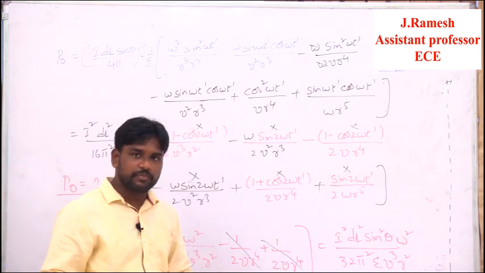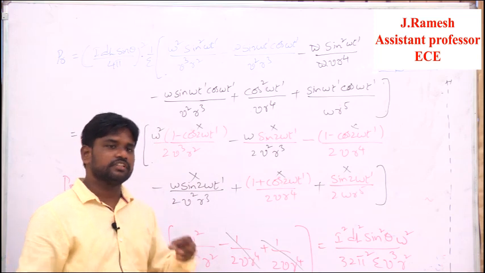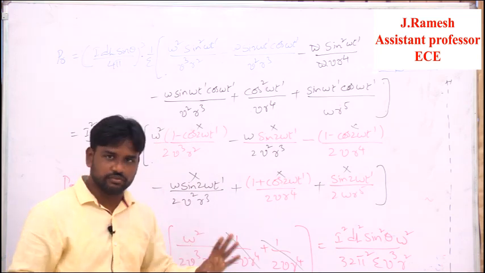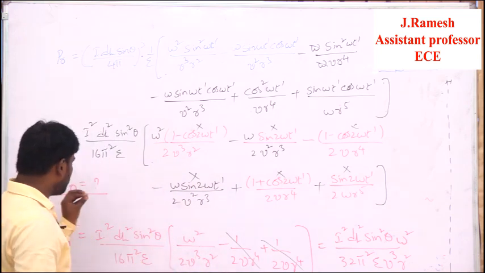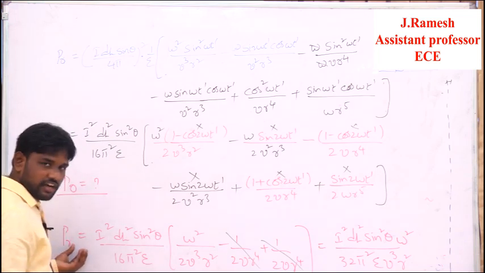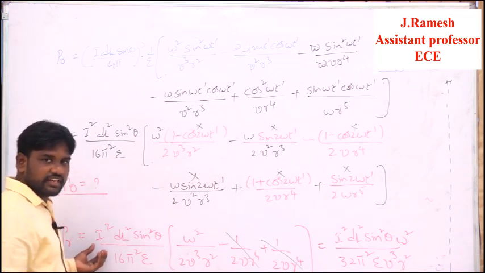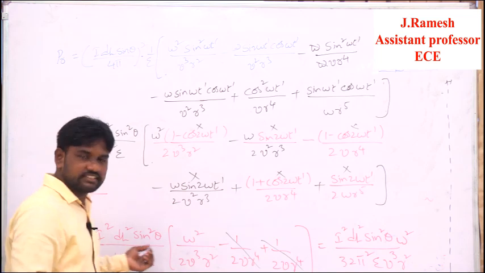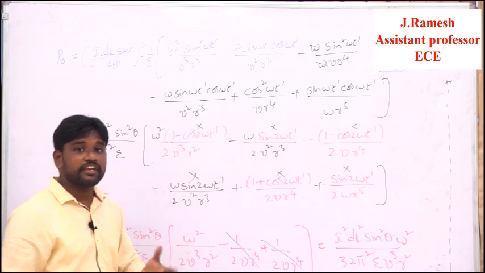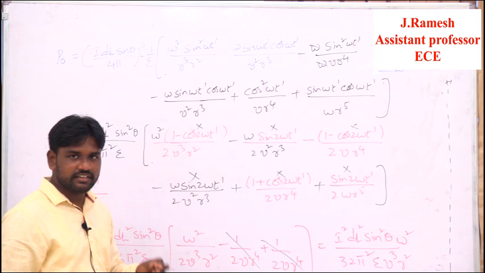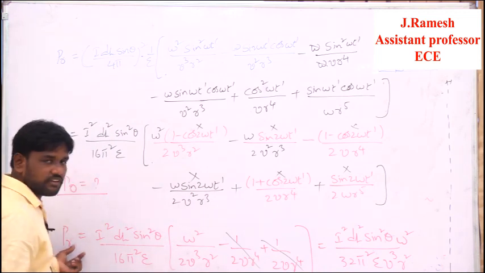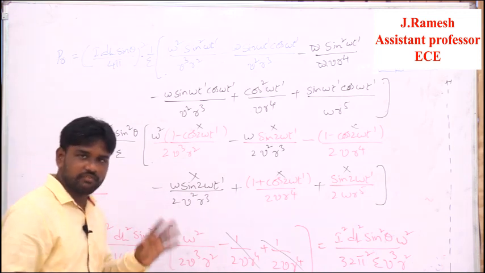So what will happen is, if you take the integration for all the terms, the entire power becomes 0. That means you have power only in the direction of r. So you can say that this is a radiated power per unit area. Just keep it in mind, this is a radiated power per unit area only.